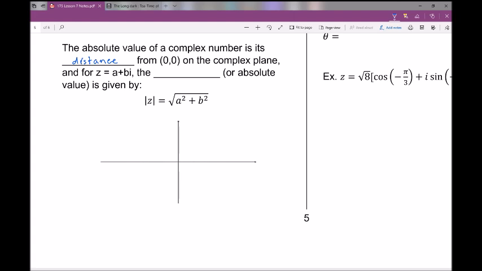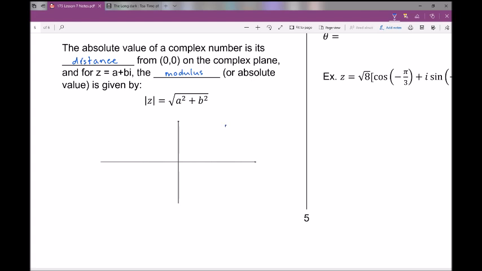So another name for the absolute value is the modulus of z, but the notation is the same. So notice we put z inside of those absolute value bars, and this is simply the square root of a squared plus b squared. So you can kind of think about this like Pythagorean theorem.